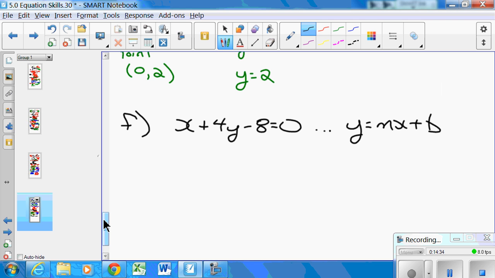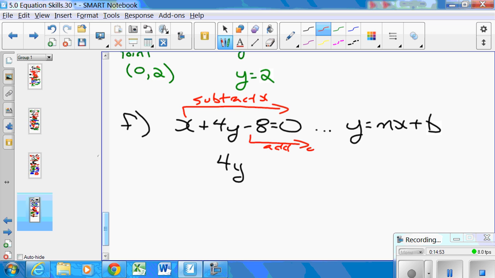So if we do the algebraic method, y becomes the boss. So I want to keep my 4y positive, which means move x to the other side and move 8 to the other side. So let's subtract the x and let's add the 8.